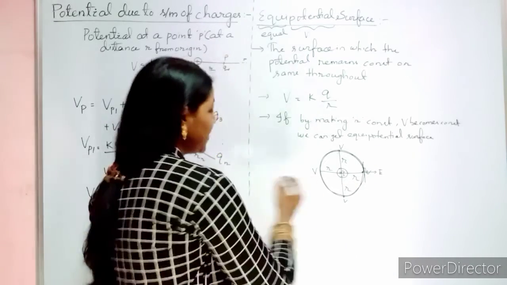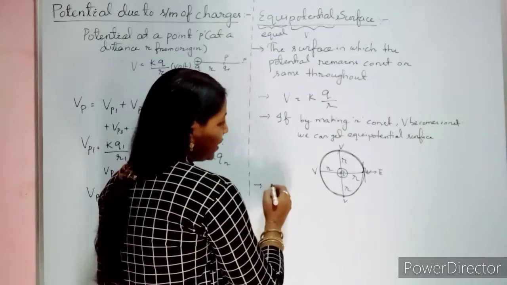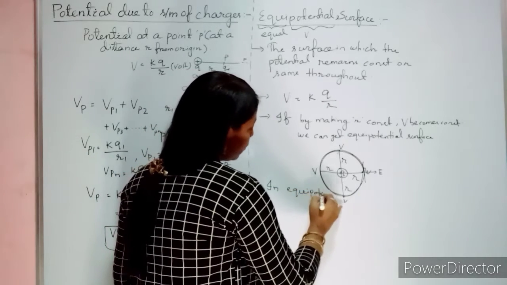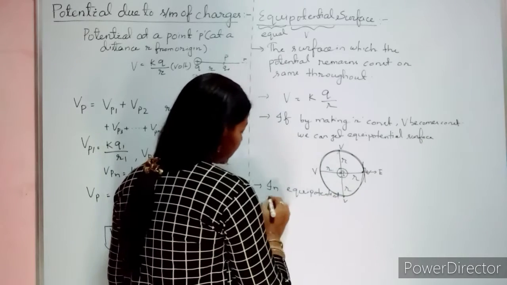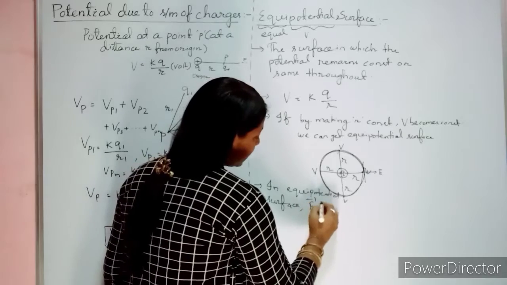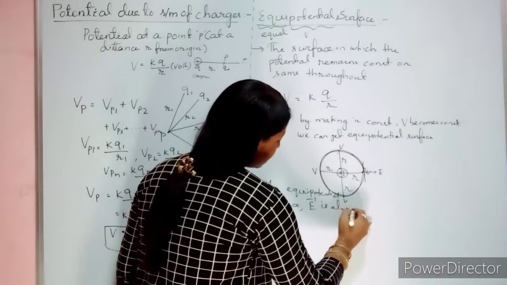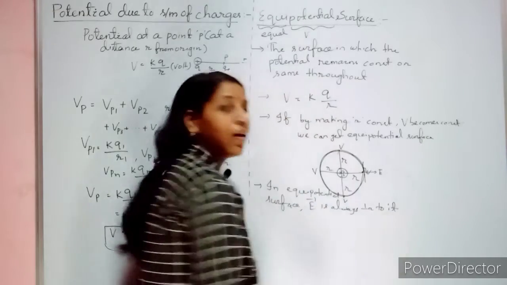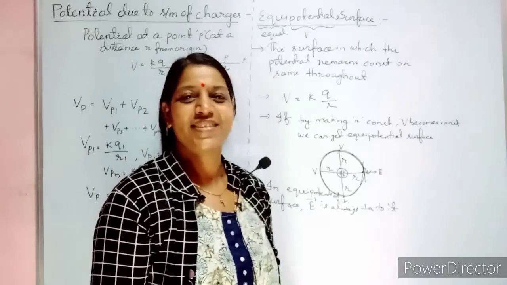Am I right? So what is the next point you write? In an equipotential surface, the electric field is always perpendicular to it or normal to it.